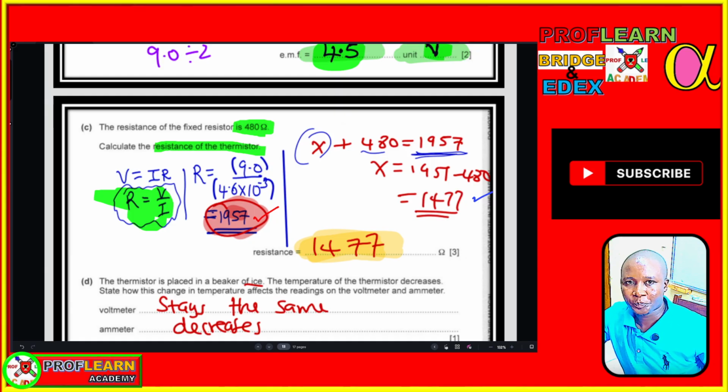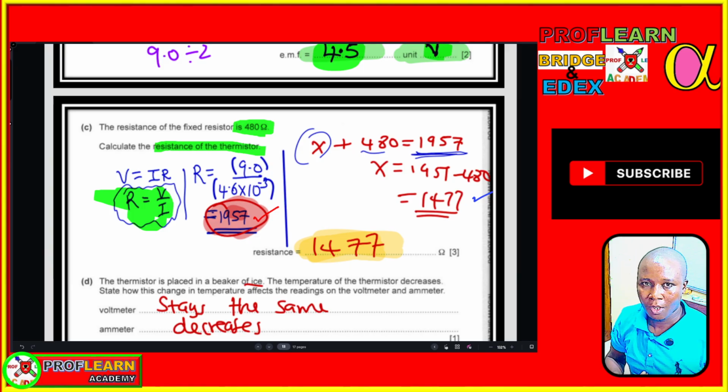Next, part D. Candidates were supposed to understand how a change in temperature affects the resistance of a thermistor. Remember that when temperature increases, resistance decreases for a thermistor. If temperature decreases, for instance, if the thermistor was placed in ice, then resistance increased.